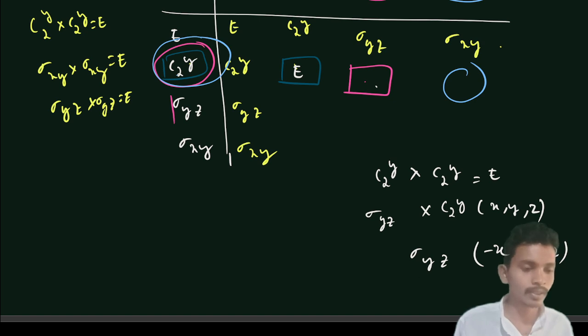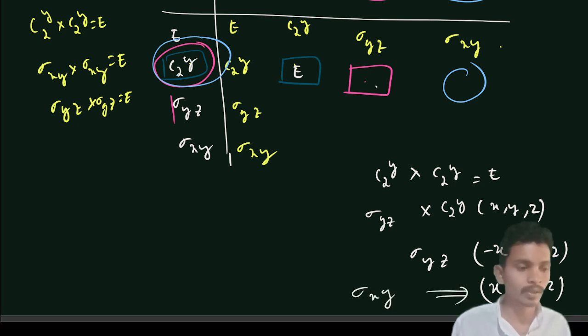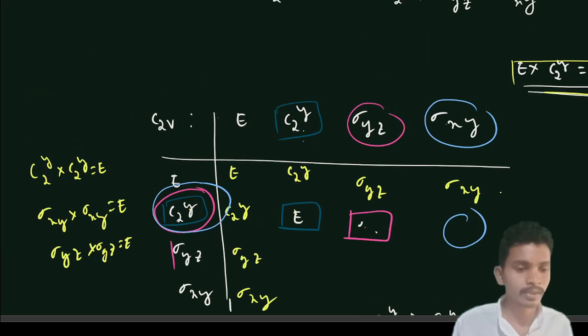Now we apply this one. So y and z remain as they are, then this will become x y z. So how will we get this value? The z remains unchanged, means I have to pass a plane, that is sigma xy. So this value we will get, sigma xy.